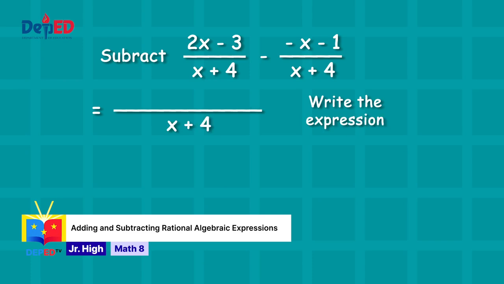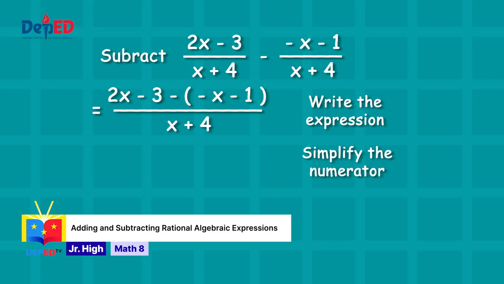We can now write the subtraction 2x minus 3 minus the quantity negative x minus 1. Then we simplify the terms by multiplying negative 1 to the group, and we will have 2x minus 3 plus x plus 1 all over x plus 4.